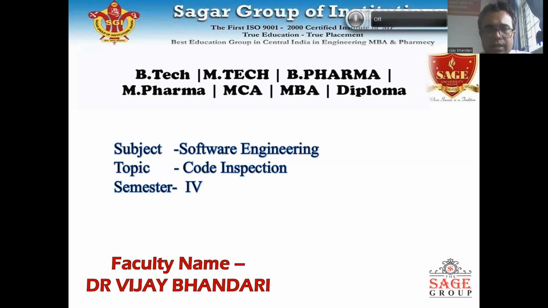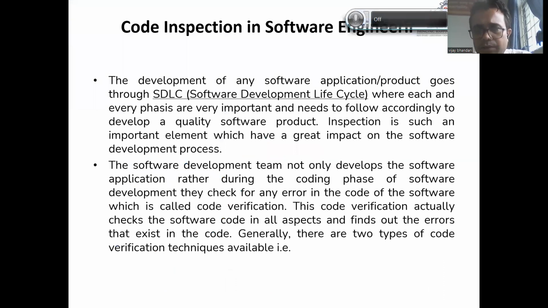Let's start with the definition of software code inspection. It is the main part of software engineering. After the development stage, we need code inspection in software engineering. It is done by some authorities, and it is prepared well, and then it is inspected.